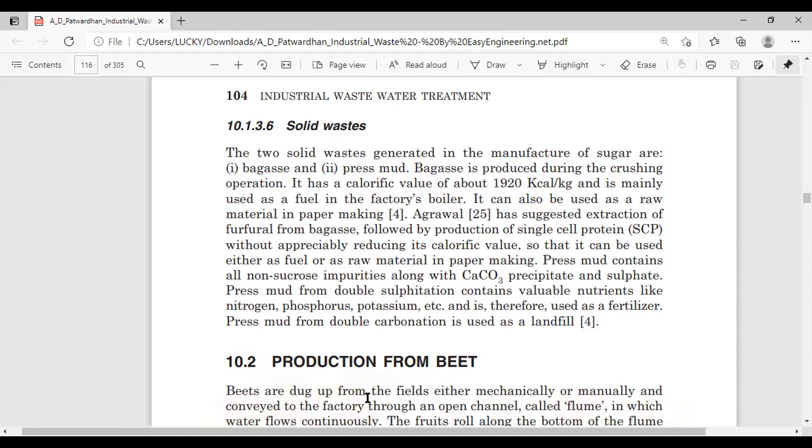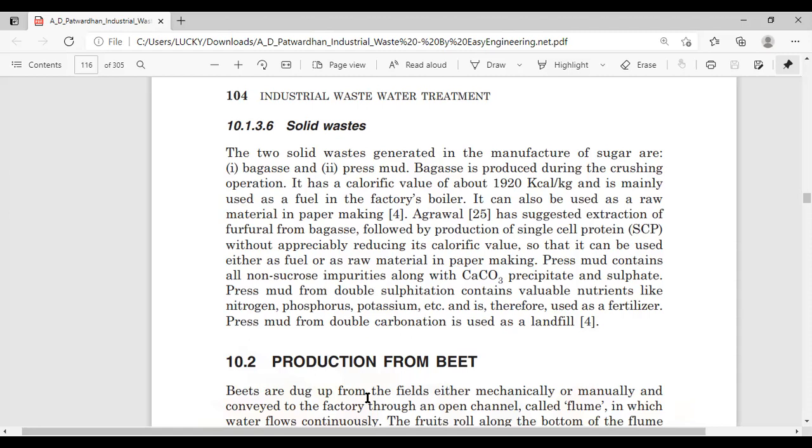Agarwal has suggested extraction of wax from bagasse followed by production of single cell protein, SCP, without appreciably reducing its calorific value so that it can be used either as fuel or as raw material in paper making.